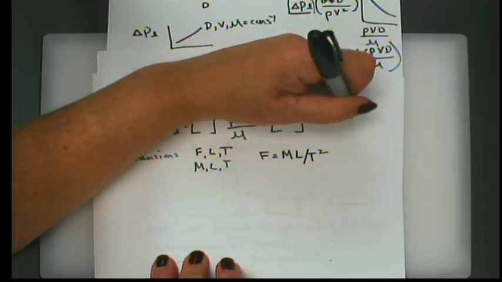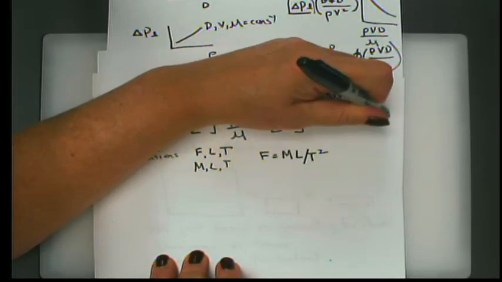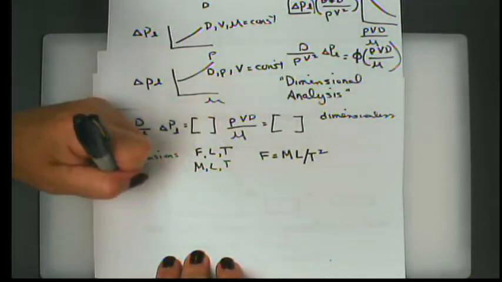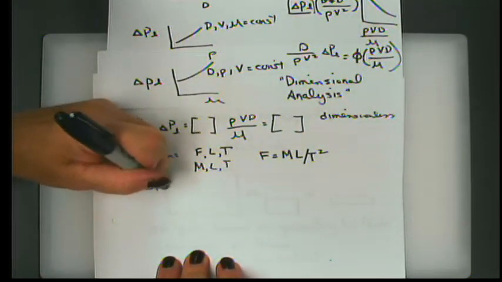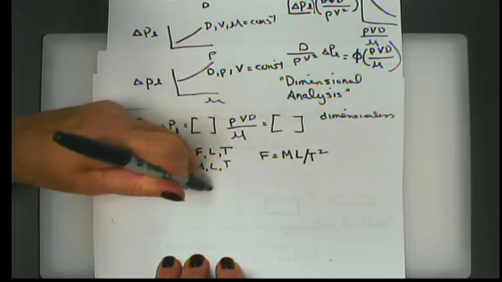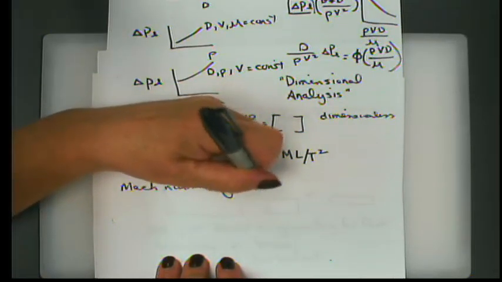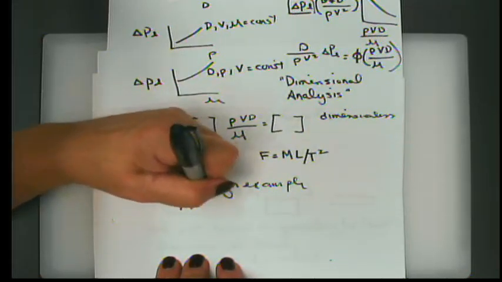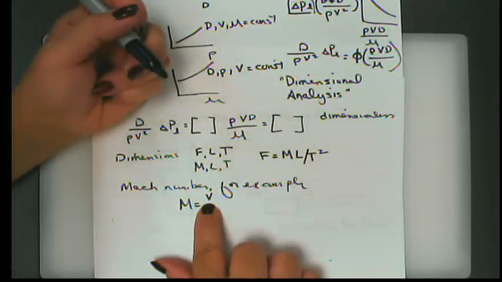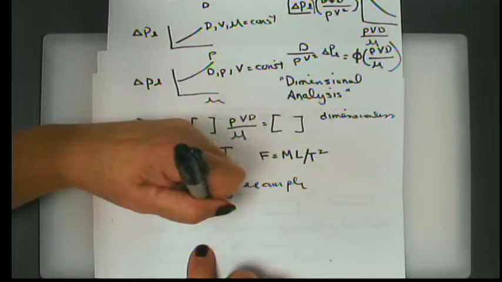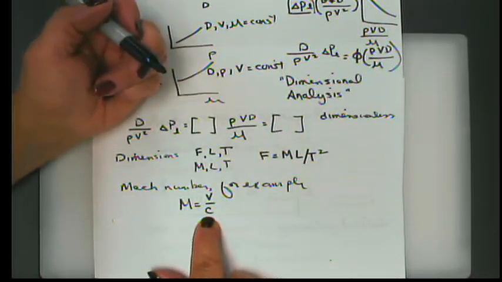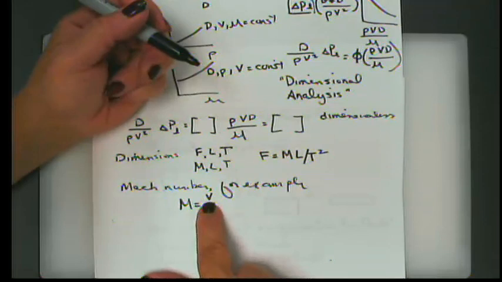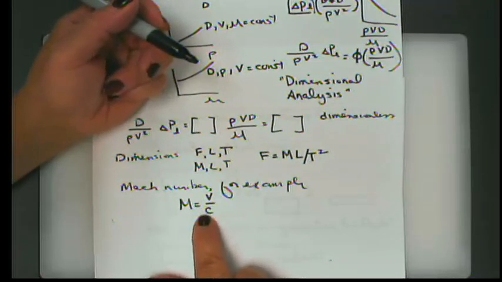So in other words, these groups are like the Mach number, which is an example where the Mach number is equal to the velocity of an object divided by the speed of sound. So this is in dimensions of length per time.